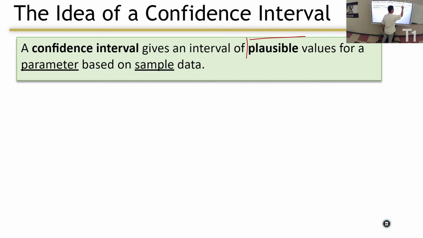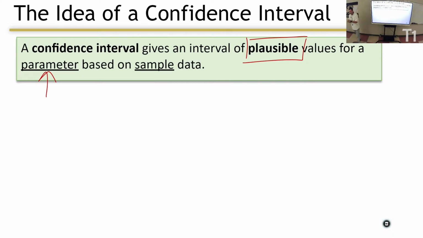Notice that I got that bolded. Okay, that's kind of a big word. It's a big word that I did not talk about a whole lot my first probably 8 or 9 years of teaching this course. Plausible values. Plausible values of some parameter, right? It's always going to try to predict a population.